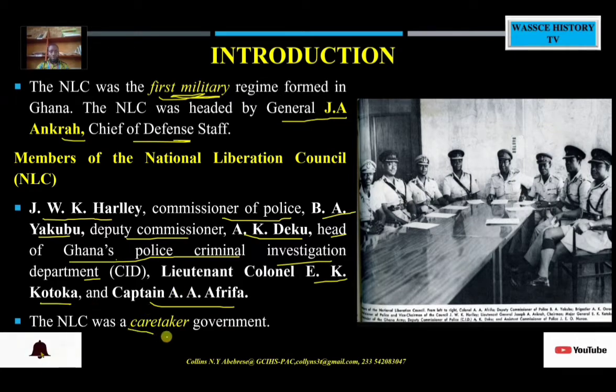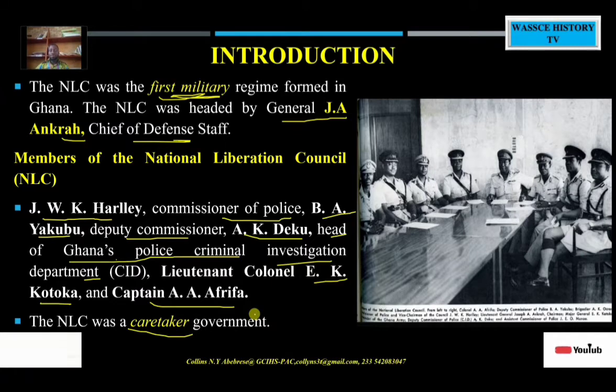So the NLC was a caretaker government. Caretaker government in the sense that they were not coming in to stay in office. They only came in to do some changes because Nkrumah was not allowing elections to take place. Political parties had been banned, and so caretaker government here means that the NLC did not come to stay in office for long. They only came to change the previous government so that they can allow for a smooth transition to democratic rule.